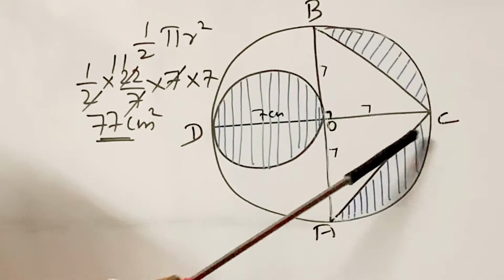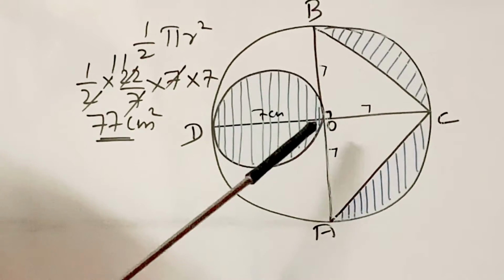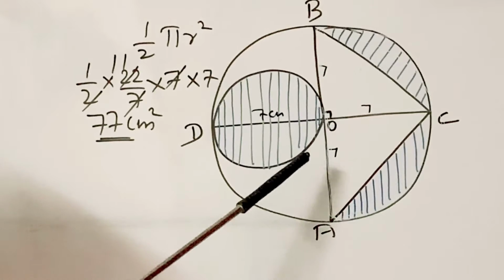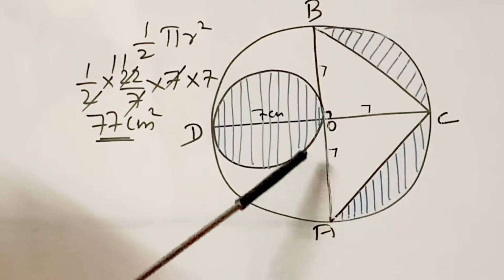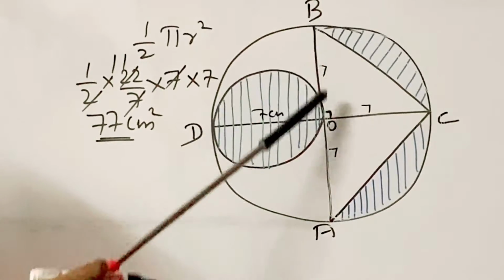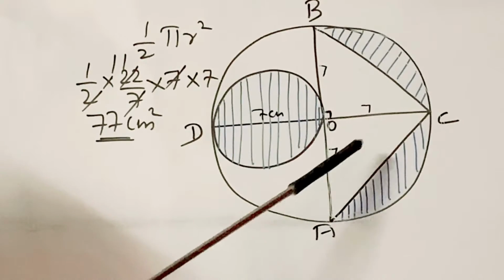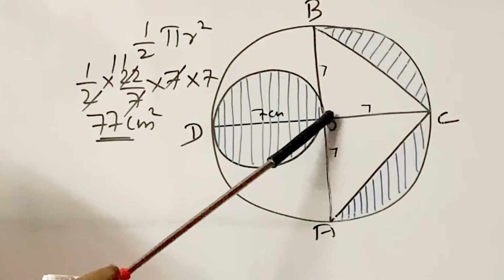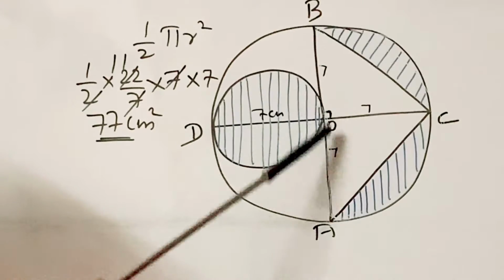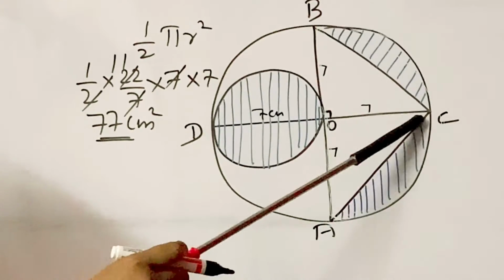Then what is the area of the triangle? Area of the triangle is half into base into height. Here you can take AB as base. Then CO is perpendicular to AB because that is given to us. That means that is the height.